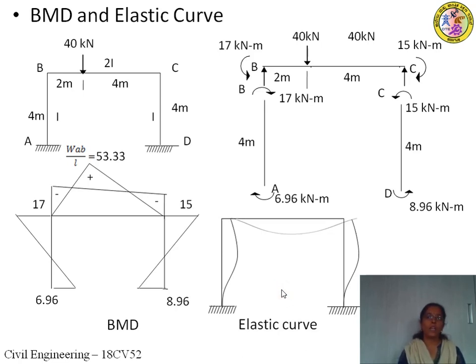In case of sway frames, you have to analyze the given frame twice, once for non-sway analysis, that is for the applied loads, and another time for the sway, that is delta. We don't know the value of delta, therefore to eliminate delta we will take the ratio of fixed end moments MFBA to MFCD, so that delta is eliminated.